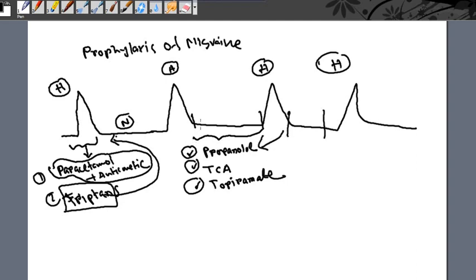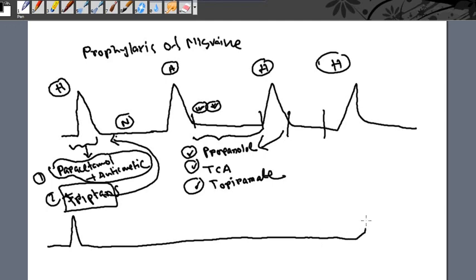So what does prophylaxis mean? Prophylaxis means you put the patient on a beta blocker in this situation, and when you give the patient a beta blocker like propranolol, what happens? Suppose there is a headache, and after a long time there is no headache. Maybe after 4 or 5 months you get a headache.